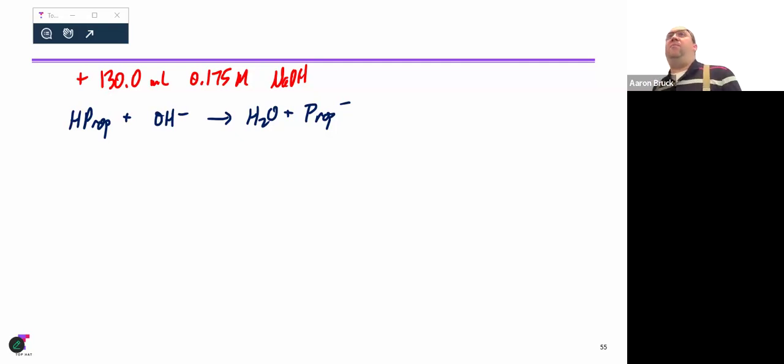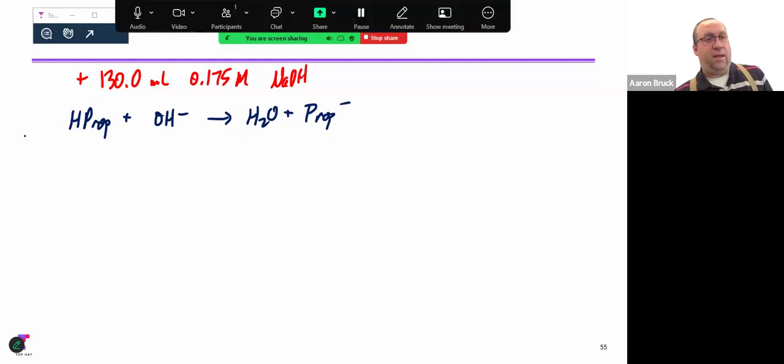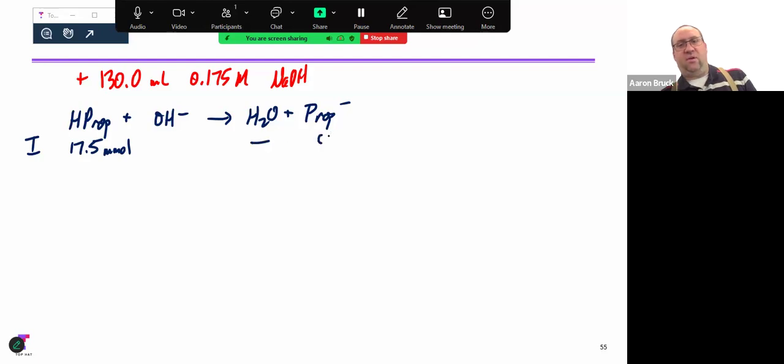But if you're doing this independently, you would still need to follow the calculations and figure out where you are first. So we know from the other problems that we started with 17.5 millimoles of propanoic acid and none of the conjugate.